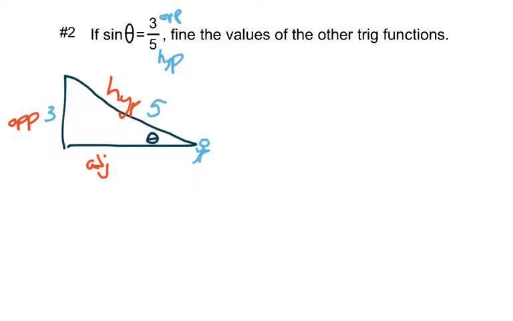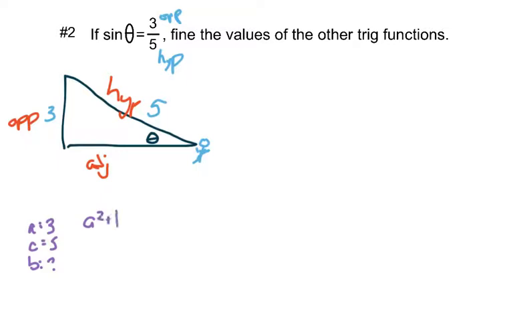So we'd want to find the adjacent side, and maybe you remember that there's a Pythagorean triple of 3, 4, 5. But if you don't, then we have an a value of 3, a c value of 5, and we're trying to find the b value.